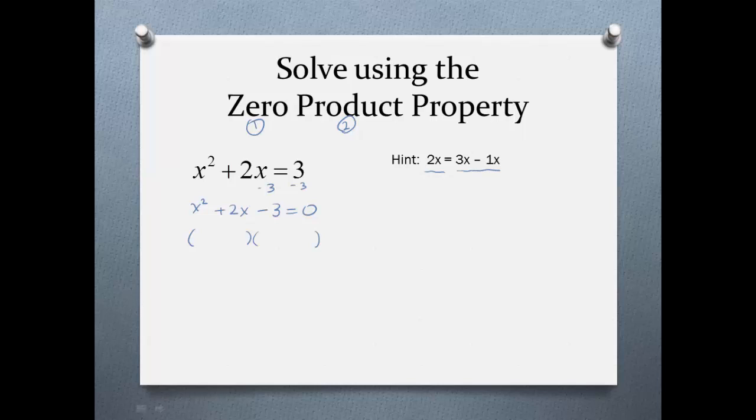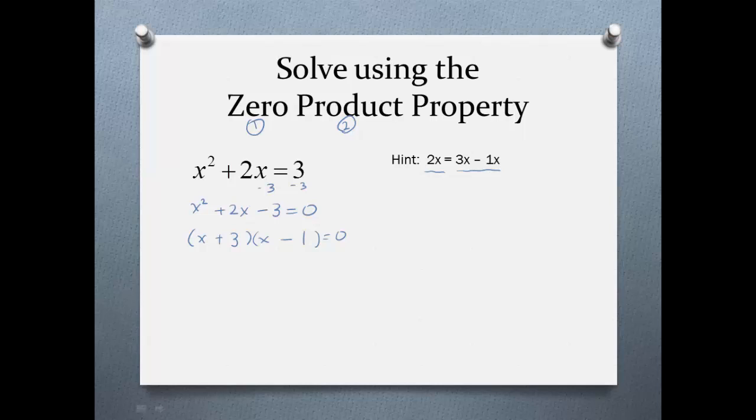This is if you don't have a lot of experience factoring trinomials at this point. So to get an x squared, I'm going to have an x times an x. And the hint here is that to get the 2x and from the negative 3, I can have a plus 3x and a minus 1x. So if I multiply x plus 3 times x minus 1, I get the correct middle term.